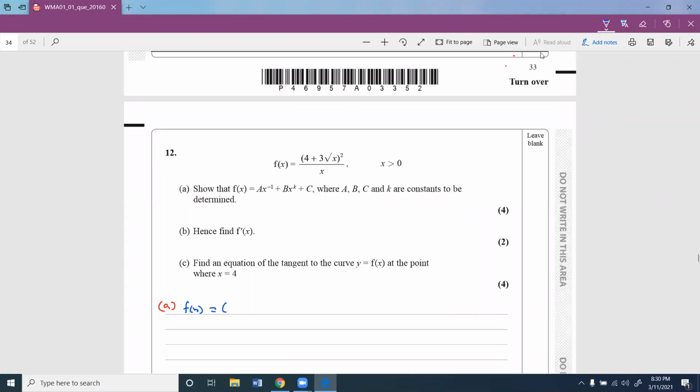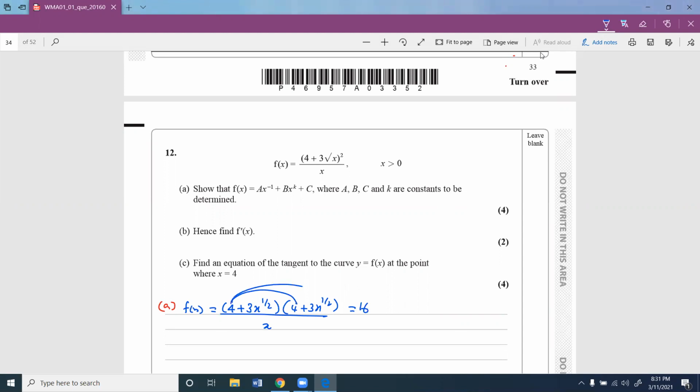That is 4 plus 3 root x, which is 3x to the power half. Squared means 4 plus 3x to the power half, squared, divided by x. Then if you multiply with this, 4 into 4 is 16.